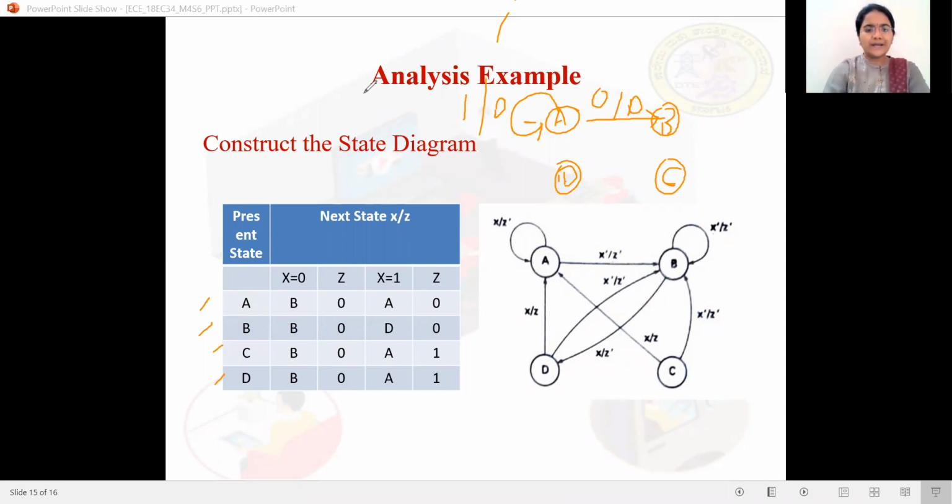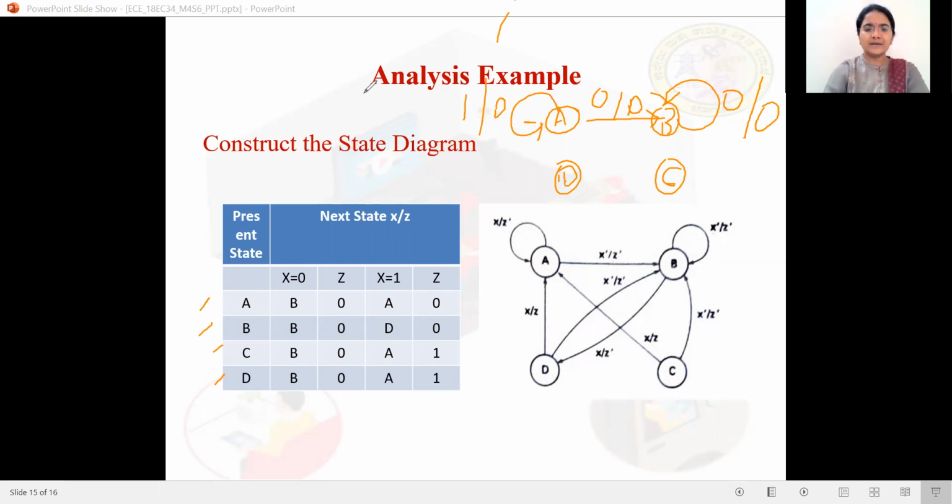Now, when it is in state B, we will be having two inputs, x is equal to 0 and x is equal to 1. When it is in state B and x is equal to 0, it will be in the same state, and the output is 0.